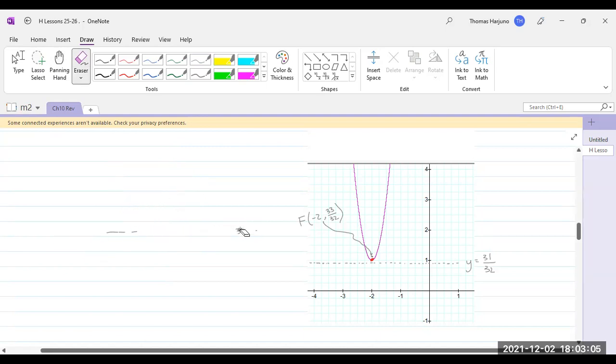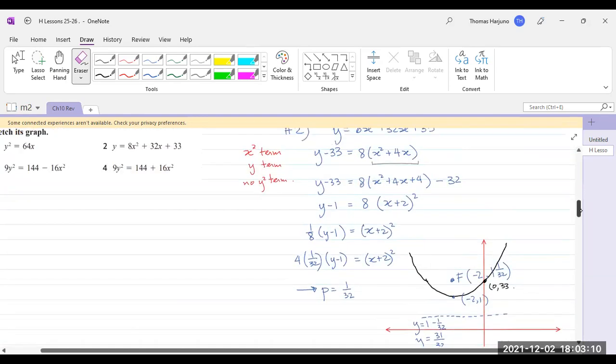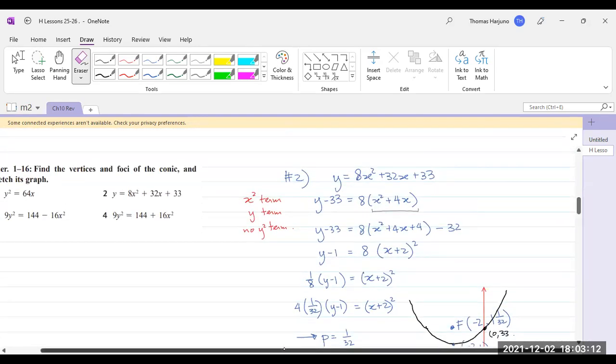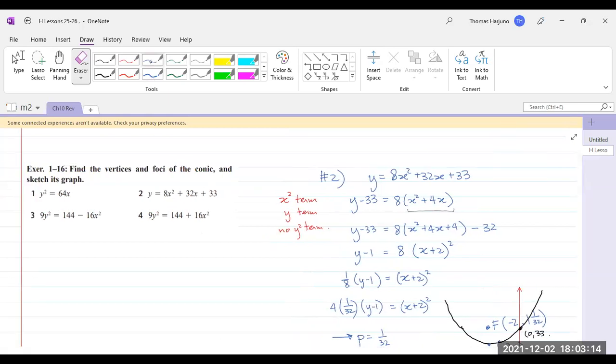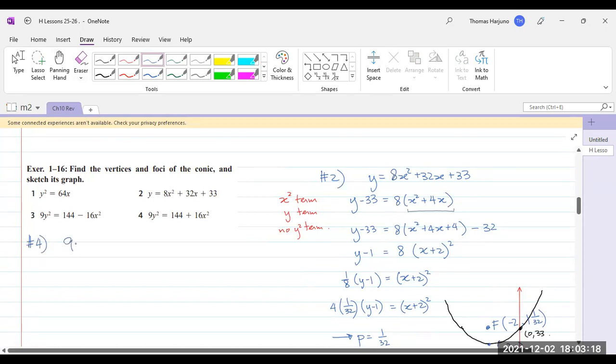Let's go on to number 4. Number 4, we have 9y squared equals 144 plus 16x squared. We have x squared, we have y squared.